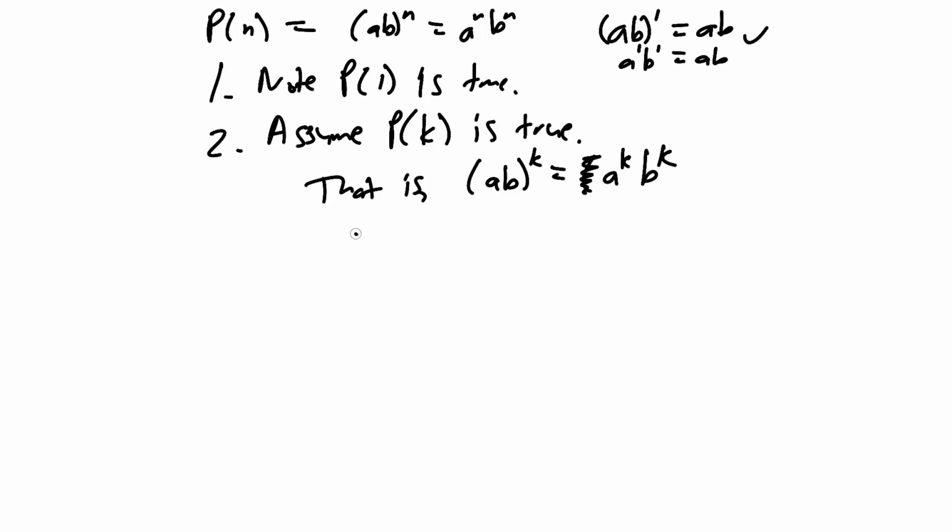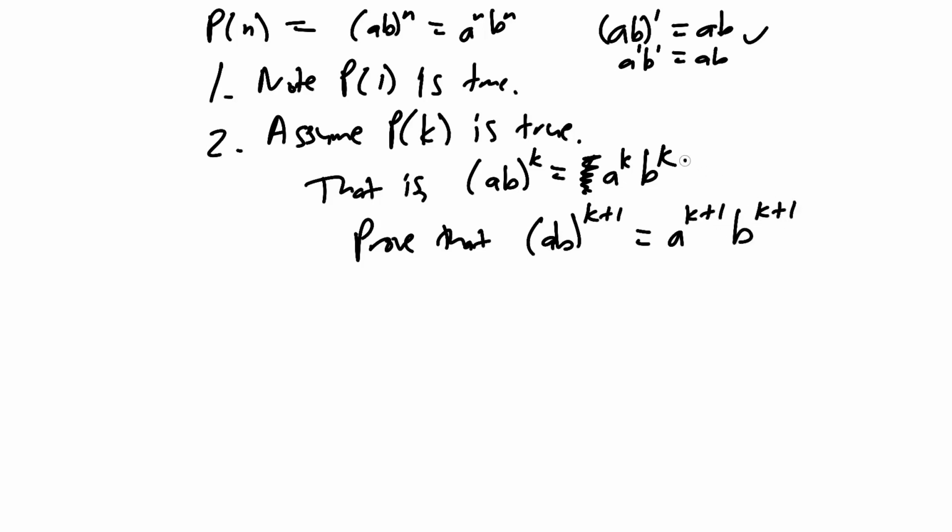And what we have to do, just to orient ourselves, is prove that ab to the k plus 1 equals a to the k plus 1 times b to the k plus 1, right? So we need to prove that this, if it's true, implies this.